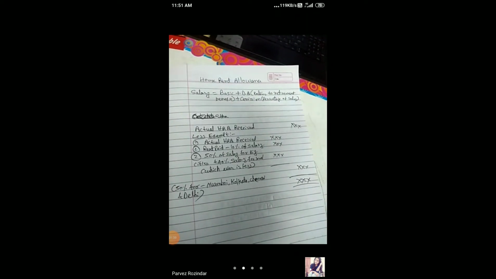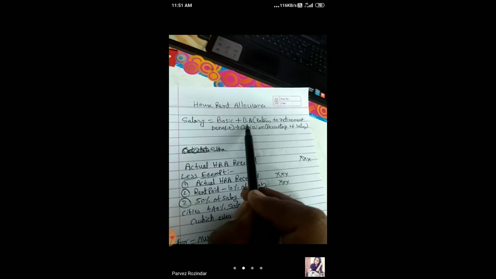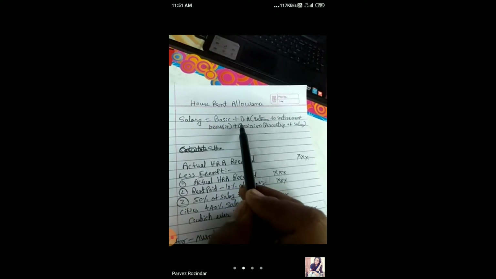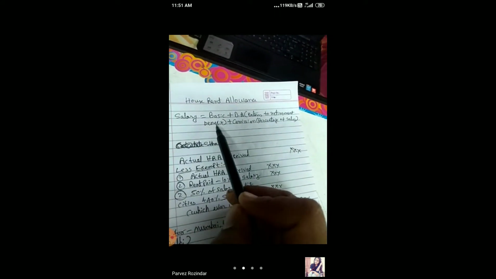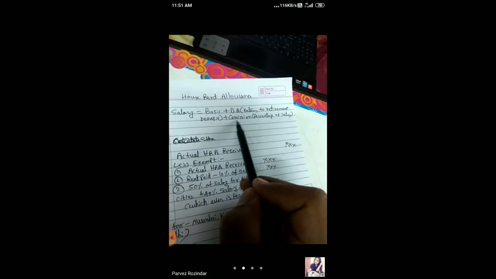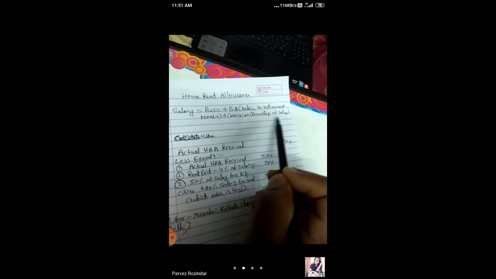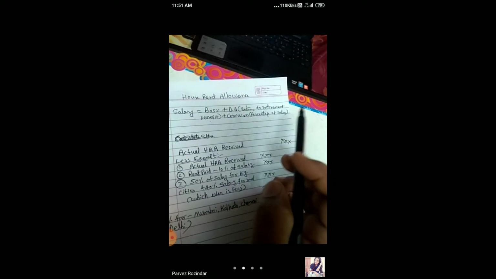First of all, we need to calculate salary for HRA. So salary for HRA is basic plus DA, if it enters into retirement benefit, plus commission on percentage of sales, or he will give you commission on turnover, right?